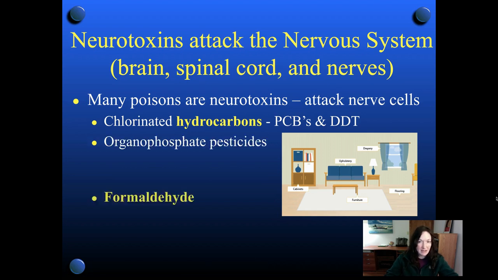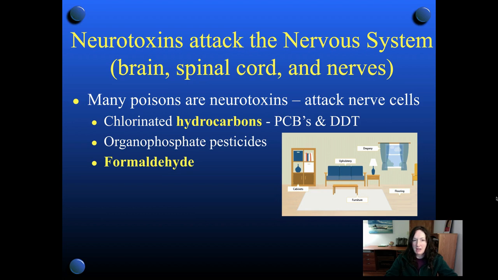Organophosphate pesticides, that's one of the reasons why you might want to buy organic food, to avoid being exposed to these types of neurotoxins. Formaldehyde is one that we use, or we used to use, as a preservative in things like dissection labs, but it's also found in furniture to keep the wood fresh and sturdy.